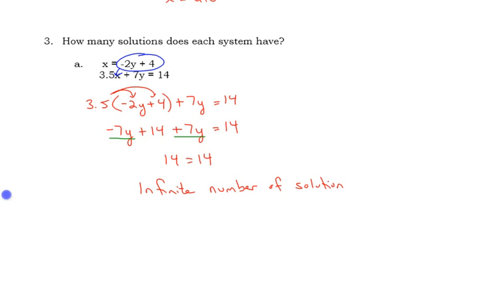This is a situation where one line is directly on top of the other line. So all the ordered pairs that work for the first line will work for the second line.